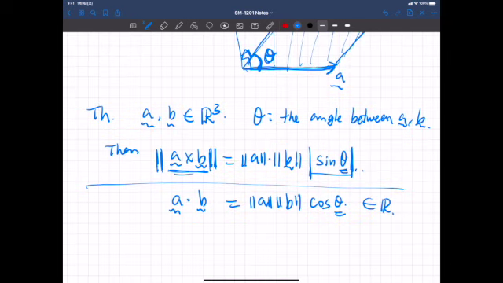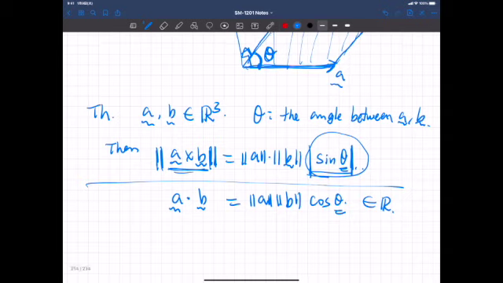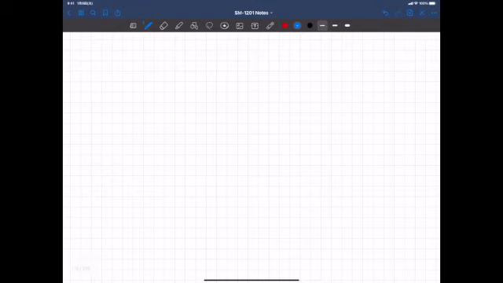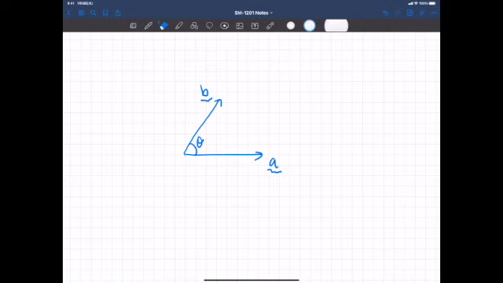Now, what is this sine theta? Think this way. Suppose we have two vectors A and B, and their angle is theta. There are 3 points: this point, this point, and this point. These 3 points define a triangle, and a triangle resides in a plane.